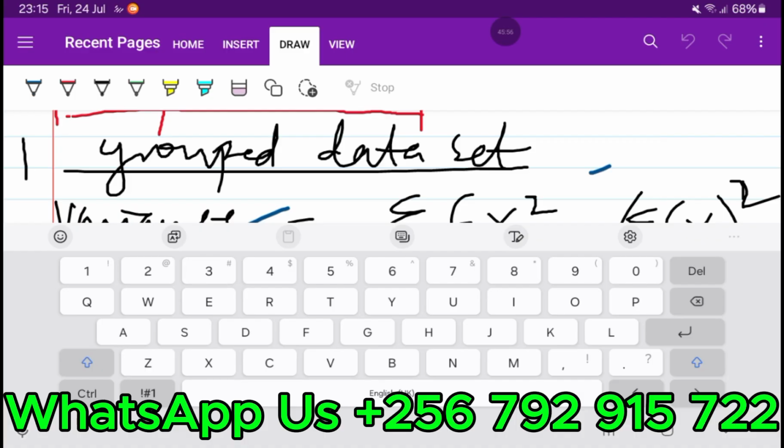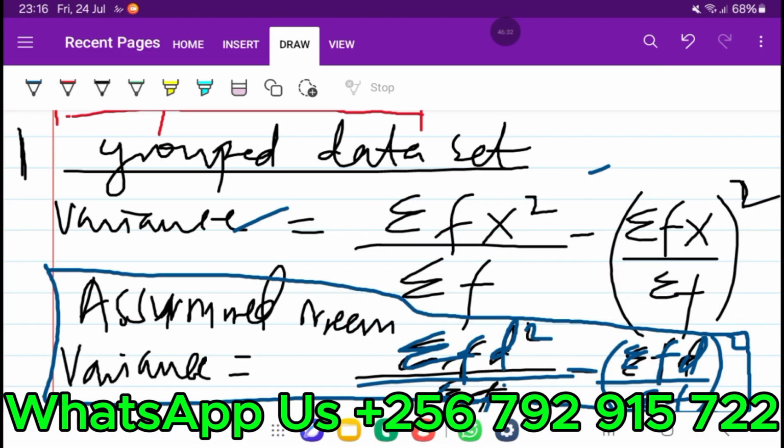So you have to be very careful, because for the sample we know that the symbol for variance is s squared, if at all you're looking for the variance of the sample. Now, of course, I've not talked about the standard deviation.